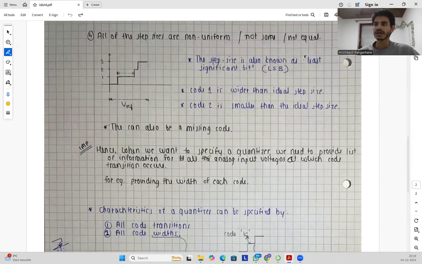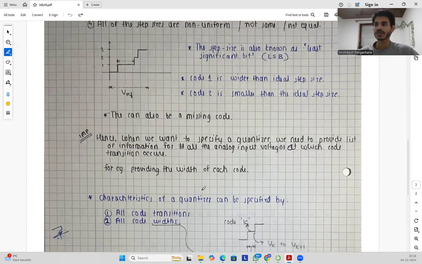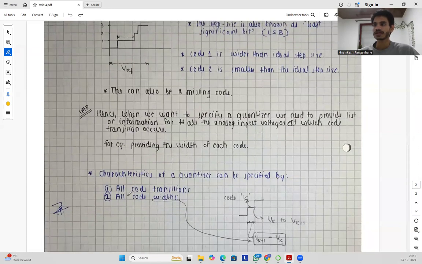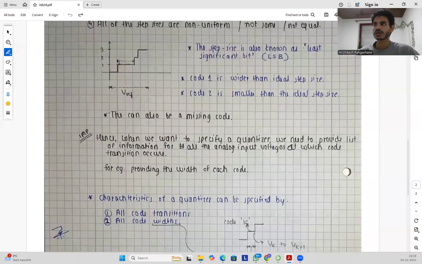But let's see the characteristics of a quantizer, which can be specified by, first, all the code voltages for all code transitions. So basically we can provide the widths of all the codes.